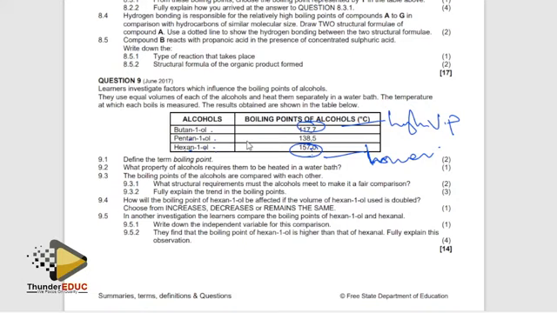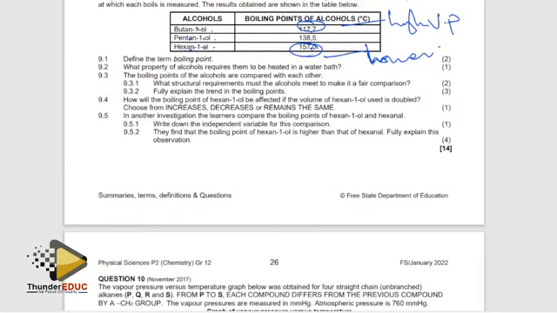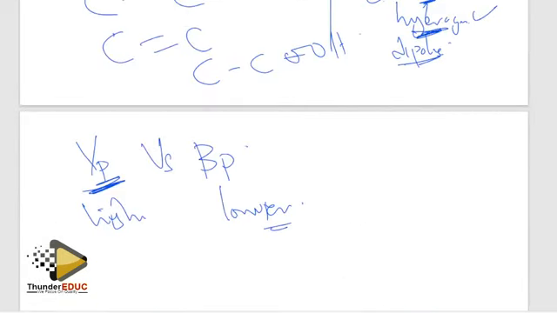This one still has the same type of bonds, but it has a higher number of carbon atoms, so the London forces are much greater than in butan-1-ol. And then it's going to require lower temperature or lower heat to break those bonds. Hence, the boiling point is going to be lower and the vapor pressure a little bit higher. So I think I'm done with that, unless you have any questions.